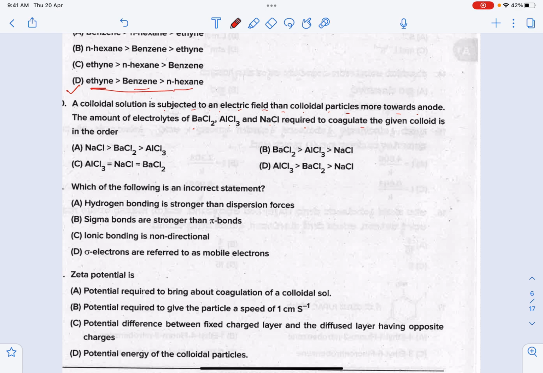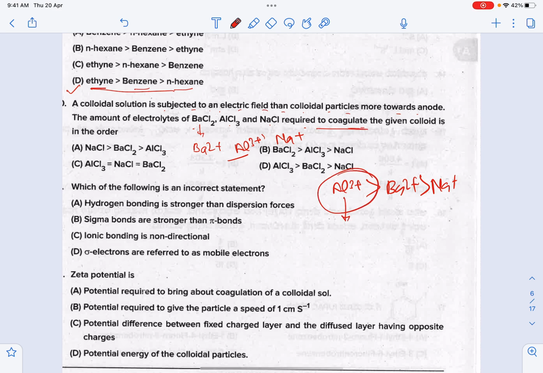As you know, BaCl2 produces Ba2+ ion, AlCl3 produces Al3+ ion, NaCl produces Na+ ion, and the ion which has more charge brings more coagulation. Ions with small size also bring more coagulation. So for coagulation, the correct order will be option D.